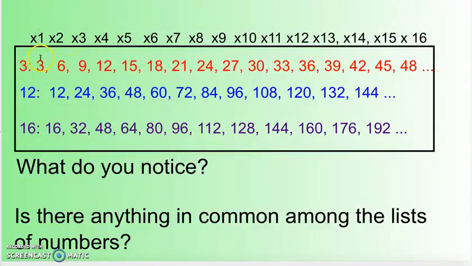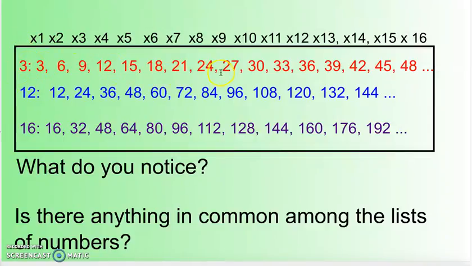Then if I do 3 times 2, I get 6. 3 times 3, I get 9. And it continues all the way down here to 3 times 16 is 48. And then there's dot, dot, dot.